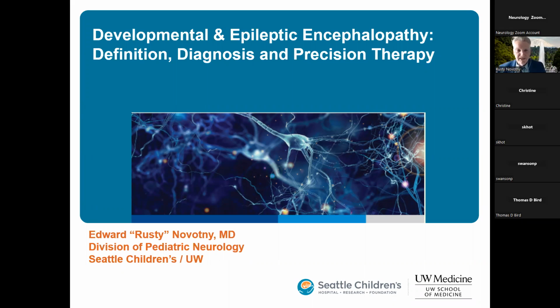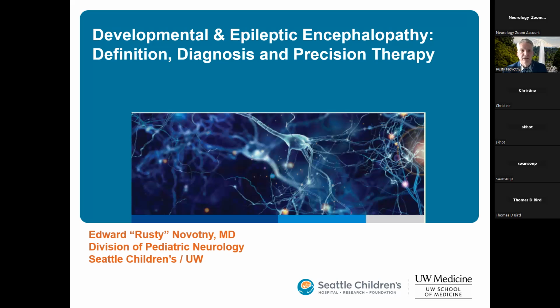Okay, great. So I think this is a talk that I've given before, but I think it's an ever-changing field, and it's really revolutionized at least my approach to epilepsy as a pediatric epileptologist, and certainly a big change since I went to medical school a few decades ago, let's say.